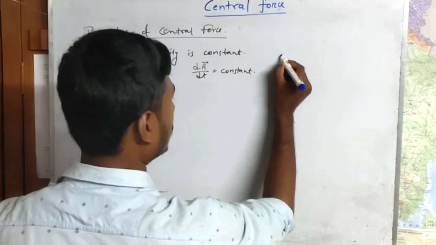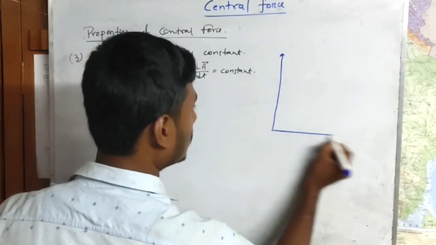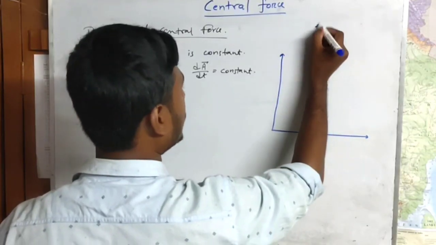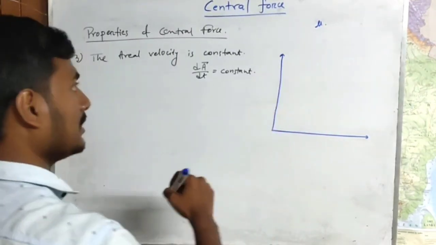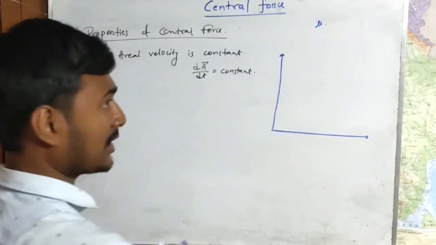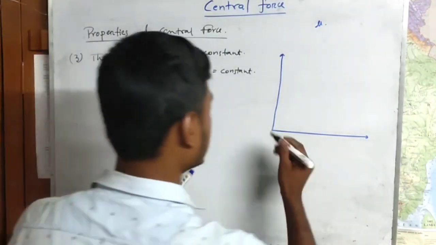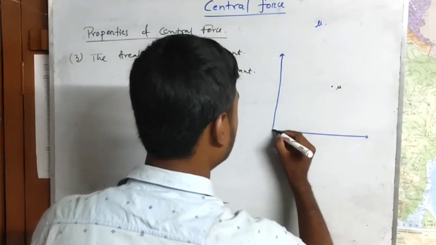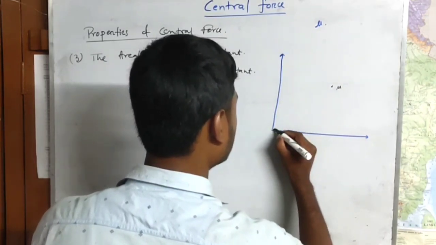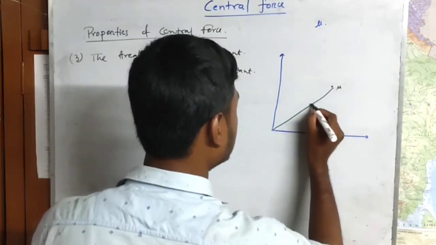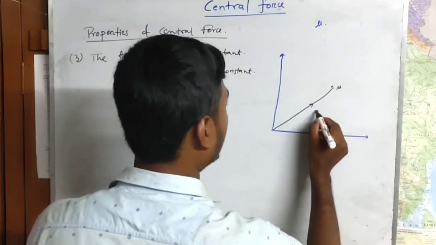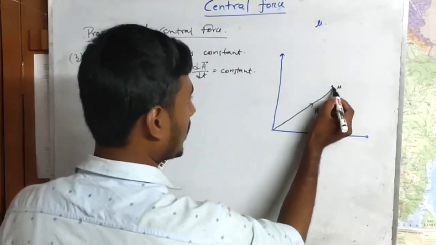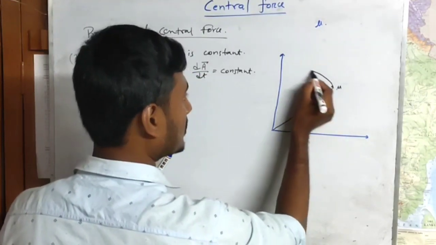So first of all, let us consider a particle having a reduced mass mu, moving under central force. Let's say this is the position of the mass mu at some time t, and this is r vector. Now say the particle is moving like this.